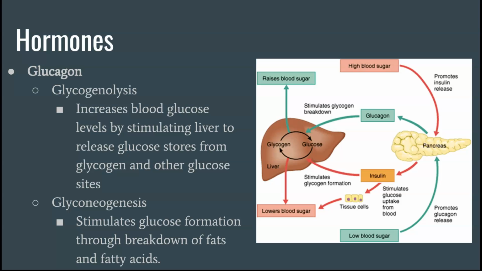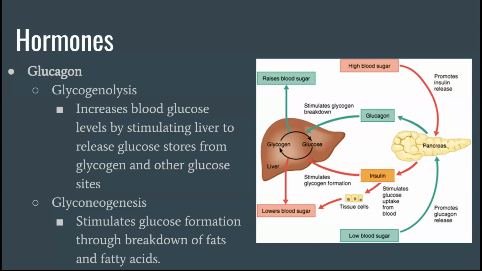So glycogen is a large storage unit, okay? Whereas glucose is a very small transportable sugar, okay? So glucagon comes in, it tells the liver, hey, we need some sugar, break down some of those glycogens. It breaks it down to smaller components so that it can raise the blood sugar and send that sugar out of storage and to the cells that need it.